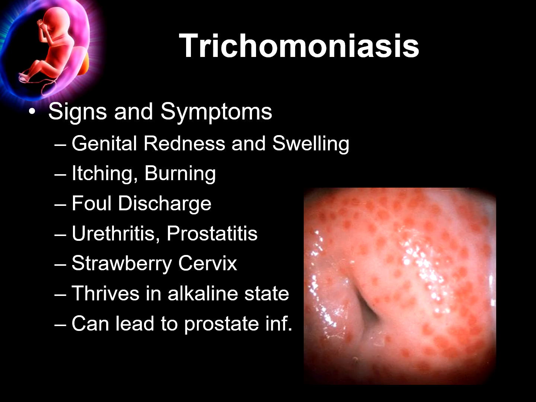And this is one of our sexually transmitted diseases that we are looking at today, and the signs and symptoms include genital redness and swelling, itching and burning, a foul discharge, urethritis and prostatitis for the man, strawberry cervix, which is what you see here on the screen, and you see the little areas that look like strawberry seeds all over the cervix.